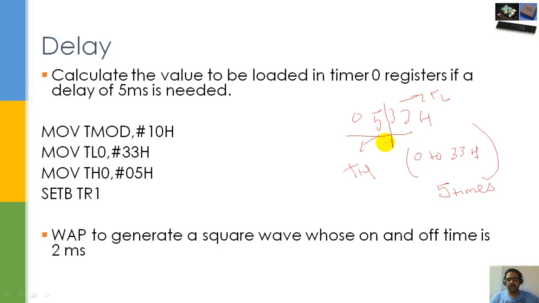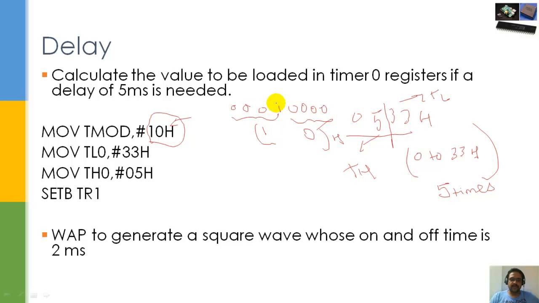So how do I move these values to the respective registers? Very simple. I'm going to operate as a 16-bit register. So if you go to TMOD, as I explained earlier, if you write 10H, what does this 10H mean? It is 0 0 0 1 0 0 0 0. So this is nothing but 1, this is nothing but 0, so this is 10H.